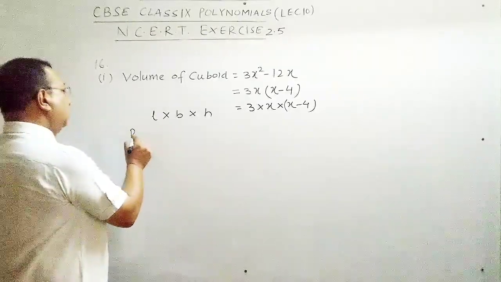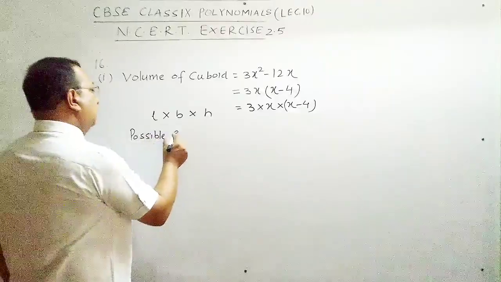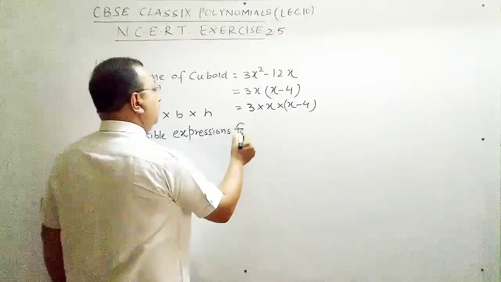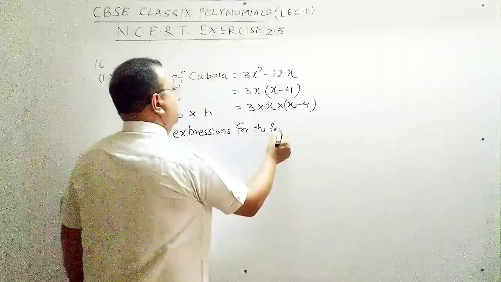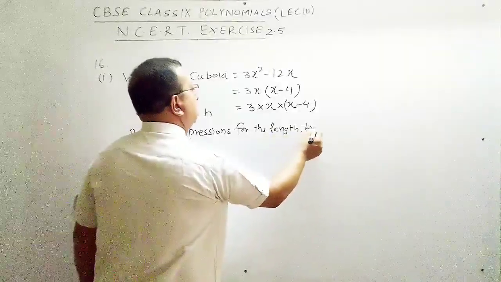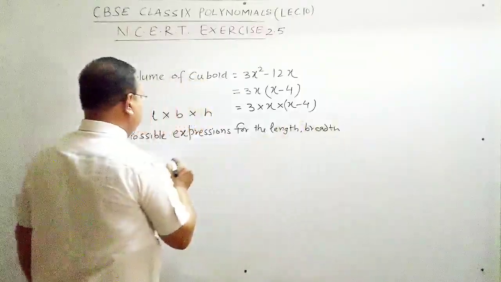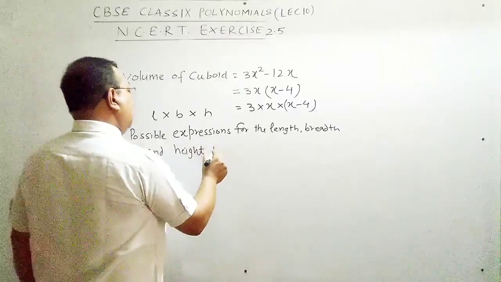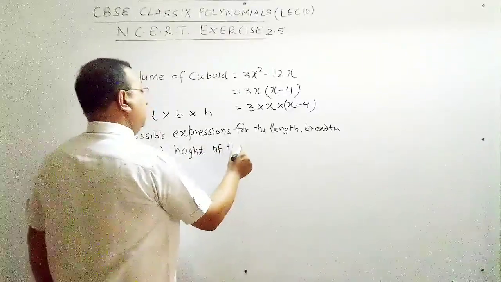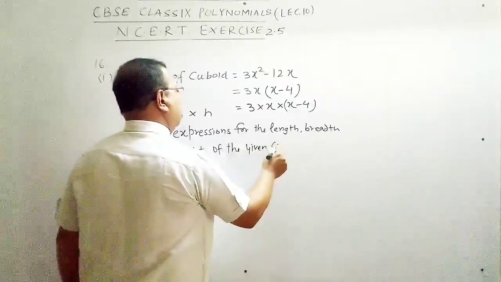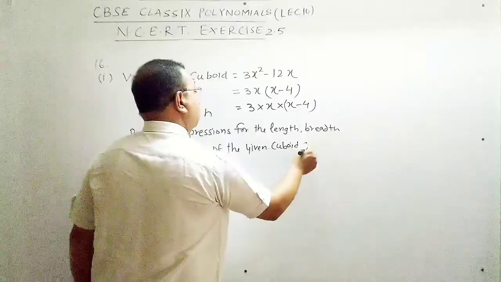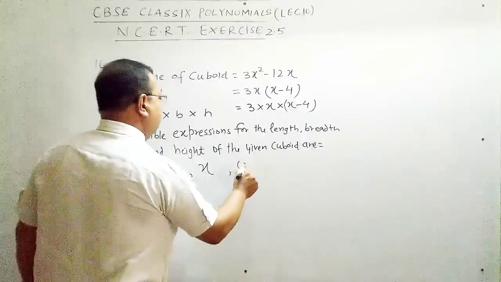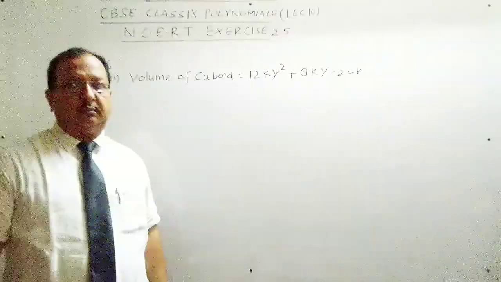So possible expressions for the length, breadth and height of the given cuboid are 3x and x minus 4.